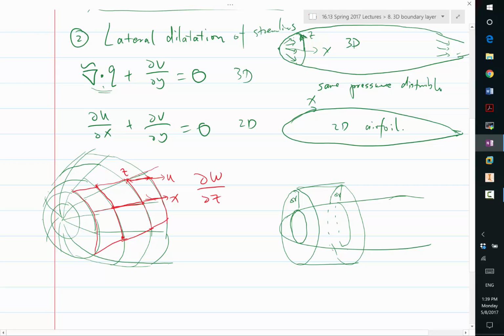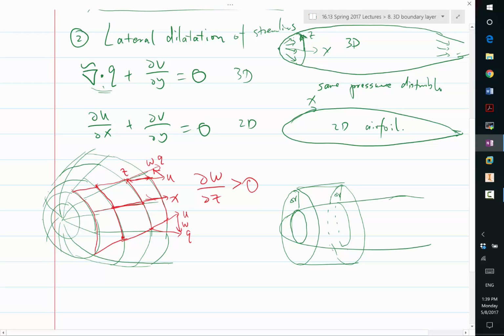So if the velocity q is in this direction, then you have a positive w here. And if q is in this direction, you have a u in this component and a w in this component, right? So your dw by dz has to be what? Greater than 0 or less than 0? It has to be greater than 0.